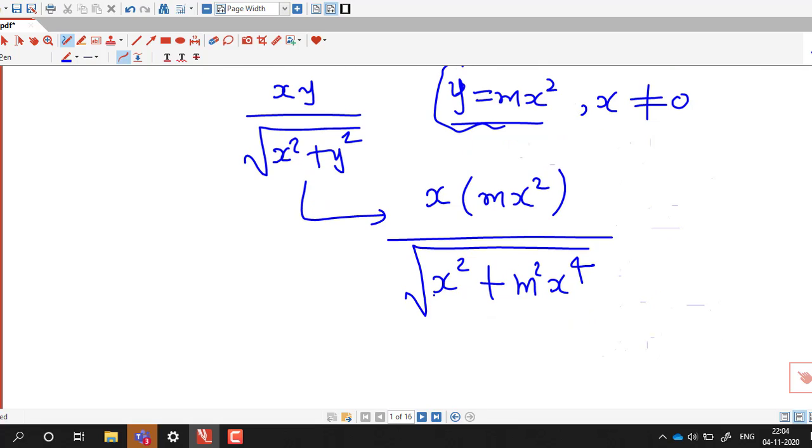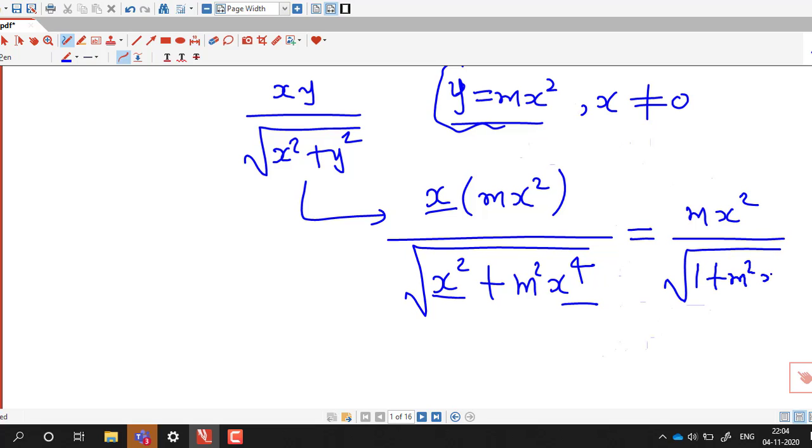Here also we can take x square outside. That x square will cancel out with this x, and we will be left with mx square over square root of 1 plus m square x square, and if we take x tending to 0, this is going to be 0.